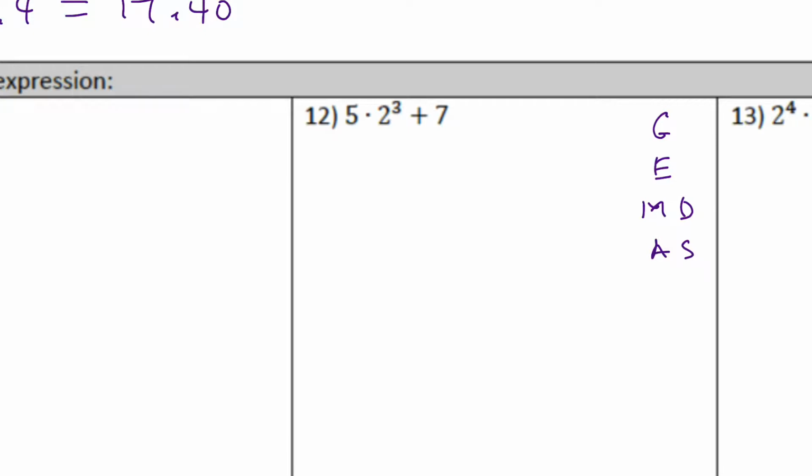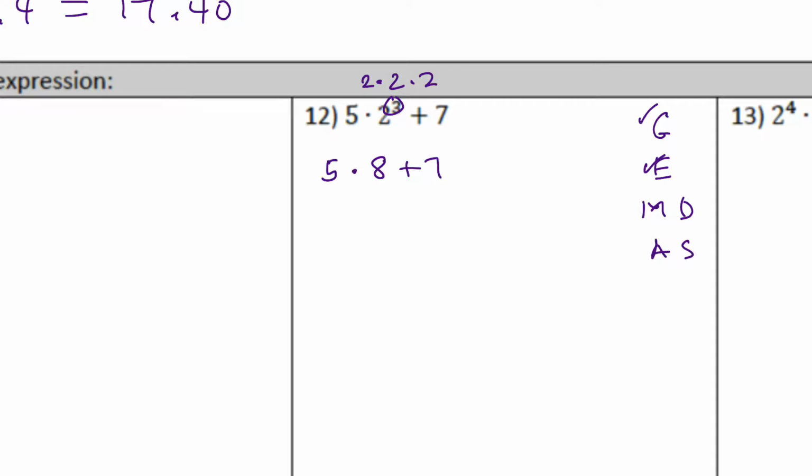Remember, G stands for grouping symbols. Does it have parentheses or brackets? No, so we went through that. E means exponent. Does it have exponents? Yes, it does. The exponent's right here. See that exponent right there? So we're going to go 5 times 2 to the third. Well, 2 to the third means 2 times 2 times 2, which will give me 8, plus 7. Okay? So we're done with exponents.